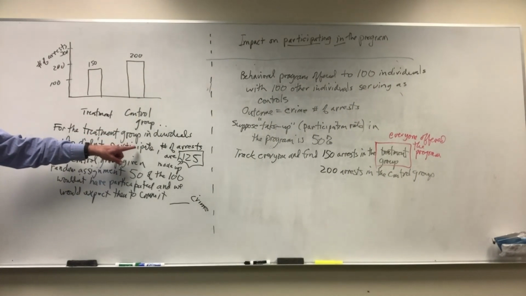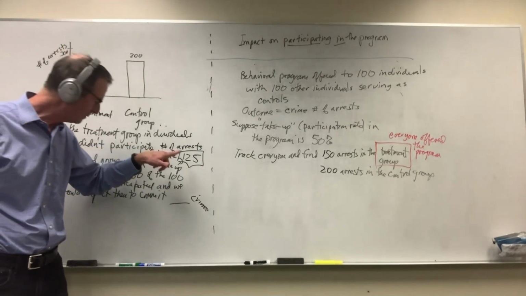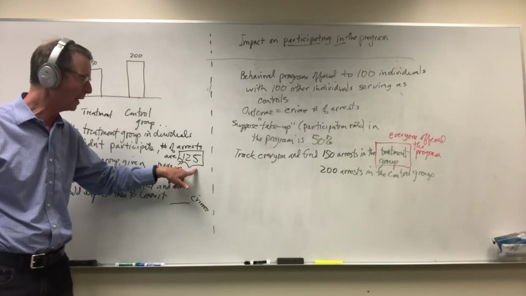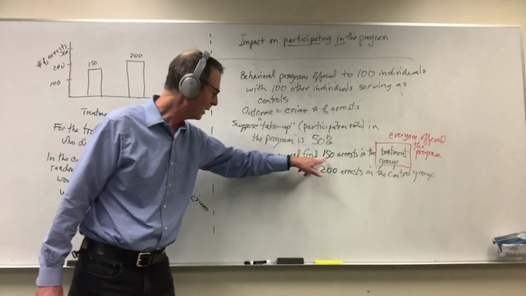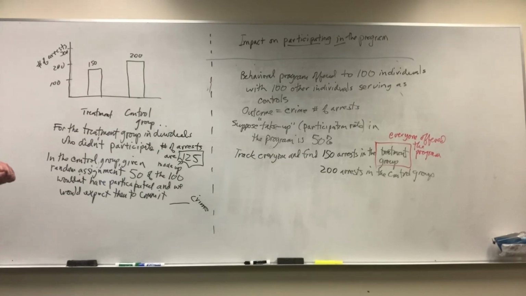So of the 150 total arrests, 125 we can observe in the treatment group are the people who didn't participate. So there's only 25 left over. So it's not balanced at all between the treatment and control group, or between the people who participated and people who didn't participate.